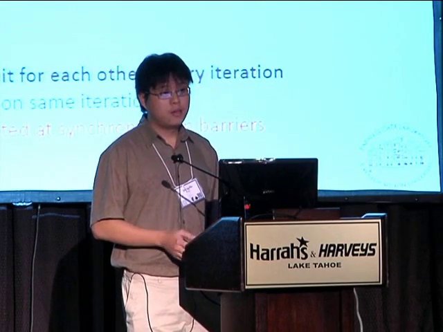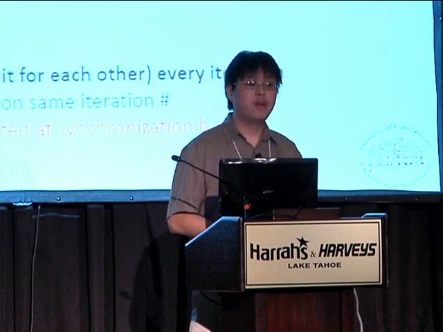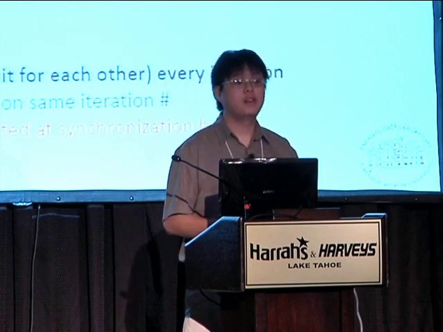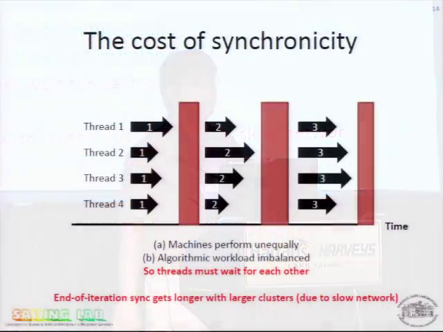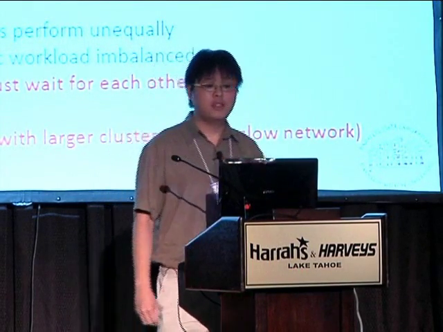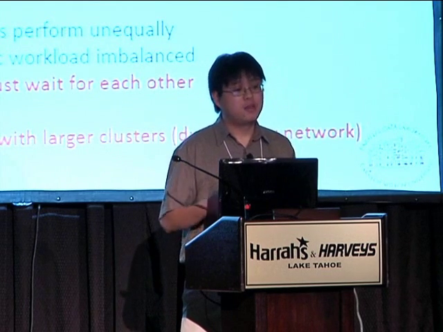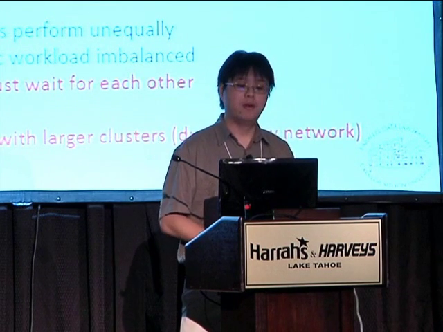Threads are always on the same iteration number, and parameters are read and updated only at the synchronization barrier. This is the ideal picture. This is what happens in practice. Because machines perform unequally, they take different amounts of time to complete their iterations. The fast ones have the short arrows, the slow ones have the long arrows. And that's also because algorithmic workload might sometimes be imbalanced, which further complicates the problem.